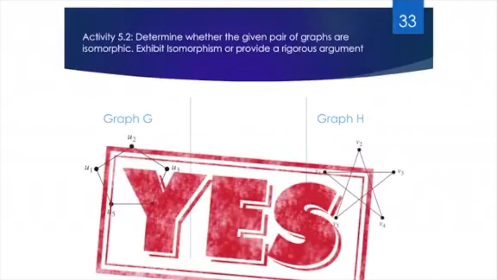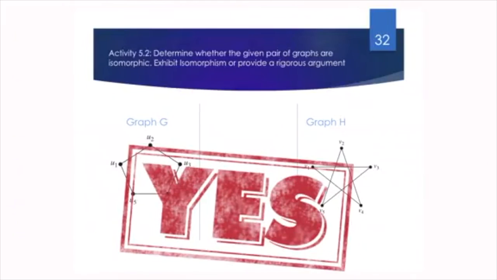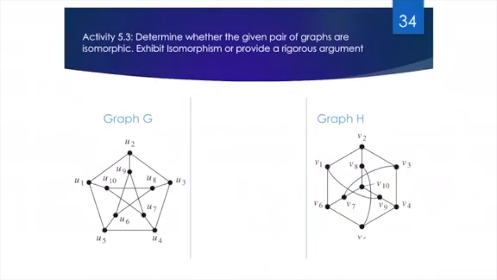The number of edges is equal in both graphs, and there is no difference in their structure, so yes, they are isomorphic. In the last example, yes, they are isomorphic because we have the same number of vertices, the same number of edges, and we also preserve adjacency and non-adjacency between the two graphs.